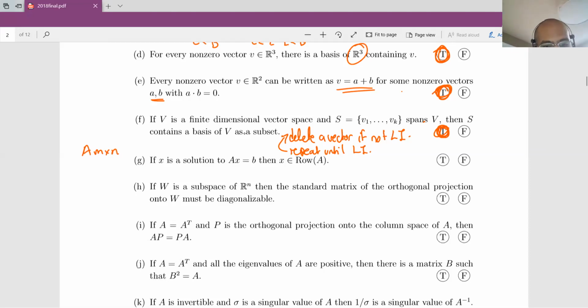The row space is living in what vector space? Rn. Okay, so the row space is a subspace of Rn. Good.